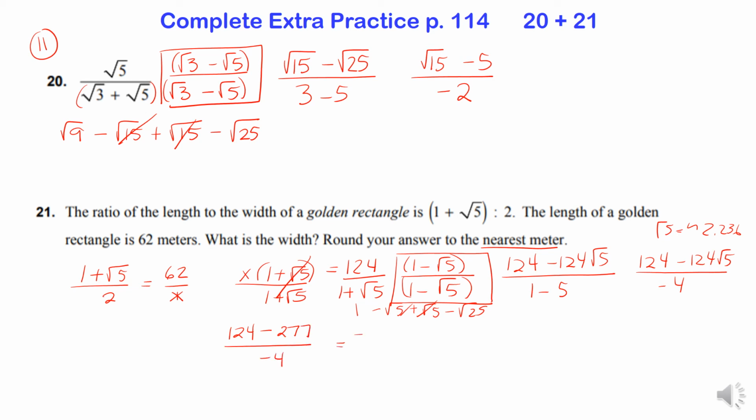So that becomes negative 153 over negative 4. Cross cancel those negatives, and it's approximately 38 meters. And those are the answers you get for these two problems. Okay? So go back and review them if you're not sure what you're looking for.